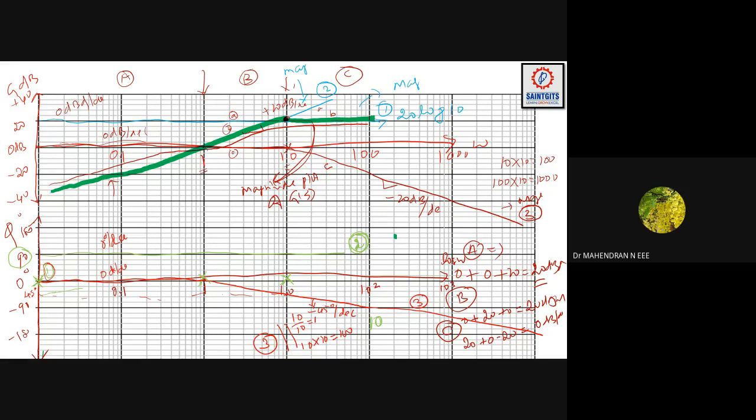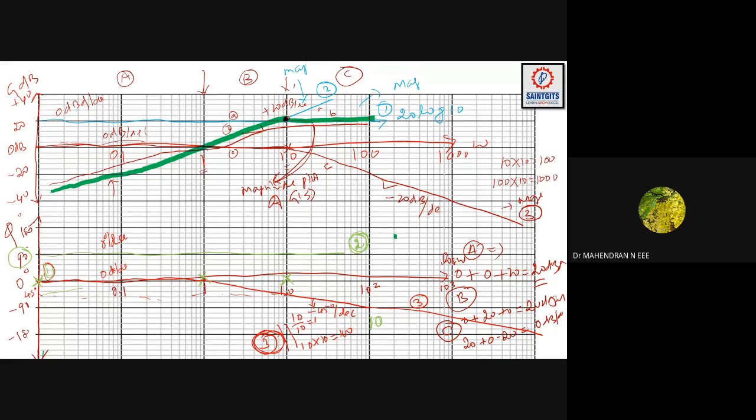The second one, we are projecting a differential function into the phase plot. Yes, it is a straight line because we are getting 90 degree. Then we are projecting a simple pole into the phase plot. If we are projecting a simple pole, then we have to follow this rule.